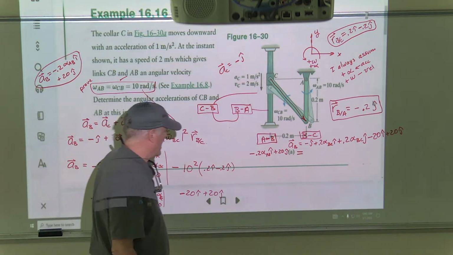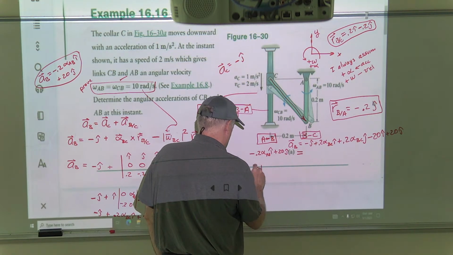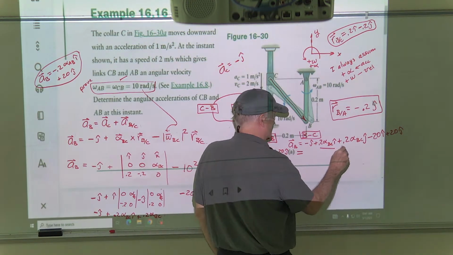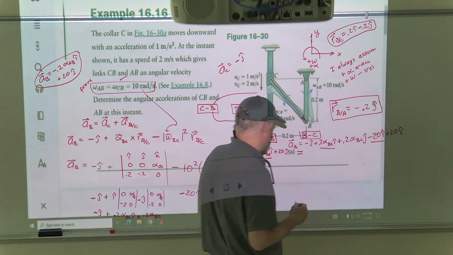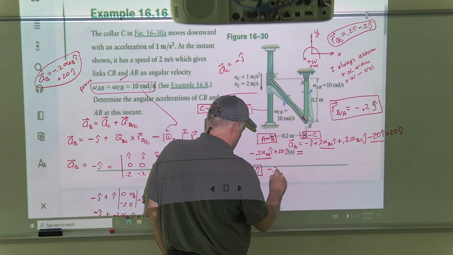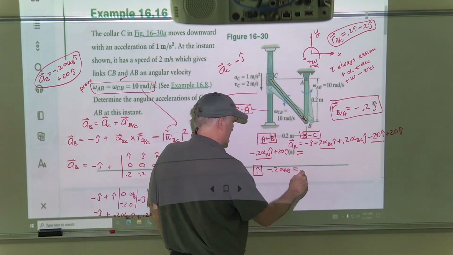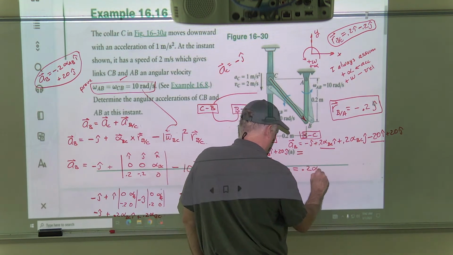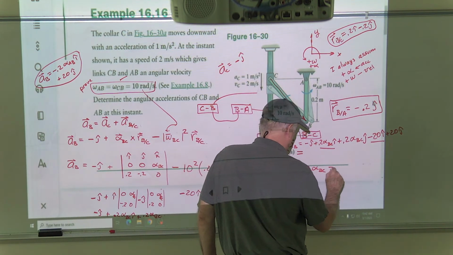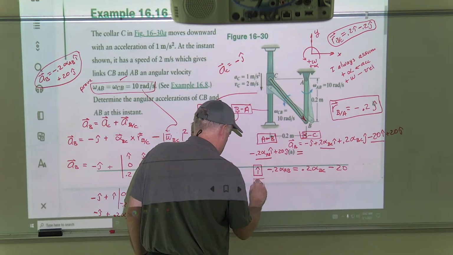If I do that, now I can turn around and take the I component. I can take this one, that one, and that one. Put them all together. So I can say minus 0.2 alpha AB has to be equal to 0.2 alpha BC from that one, minus 20. And then I'll take the J component.